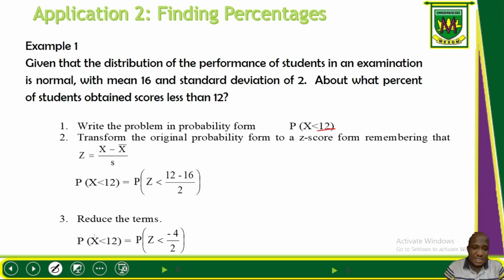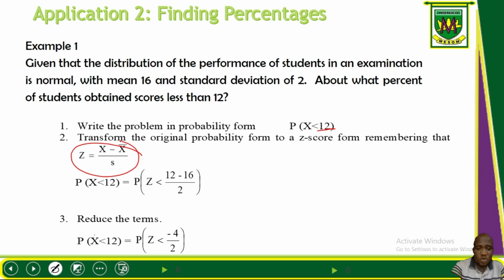The next step is you have to now write the z-score formula, which is X minus mean over standard deviation. So you need to now standardize the probability, I mean convert the probabilities to z-scores.